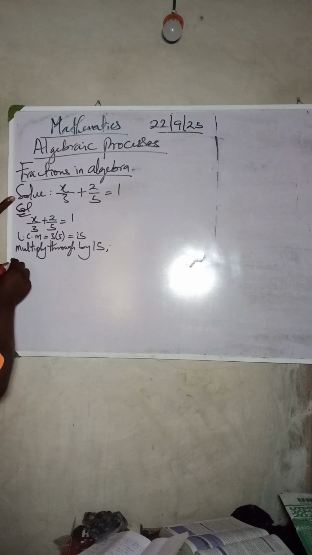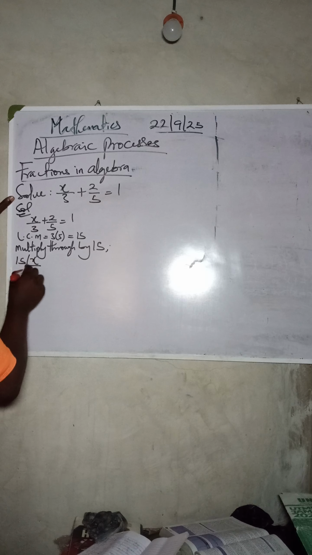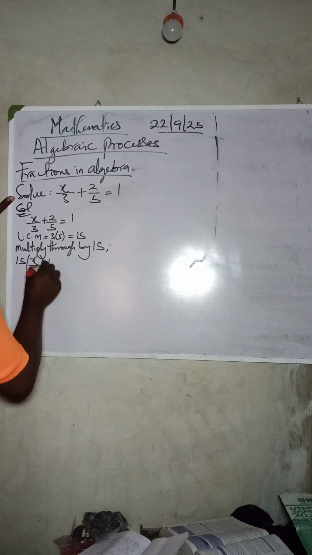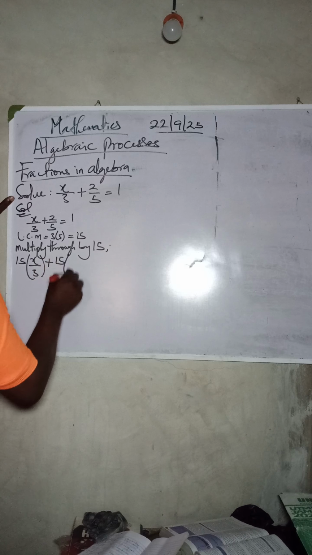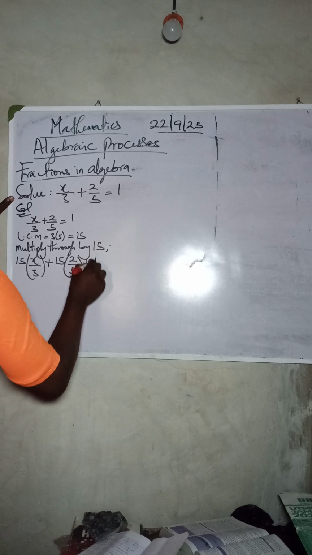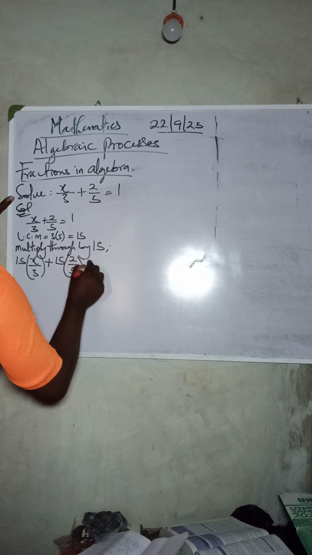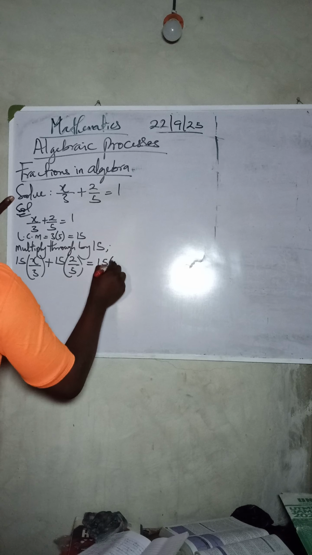When you multiply through by 15, you have 15 into x over 3 plus 15 into 2 over 5 equals 15 into 1.